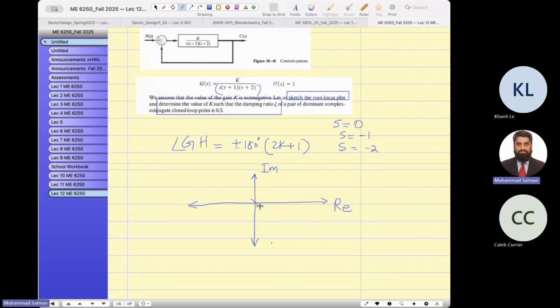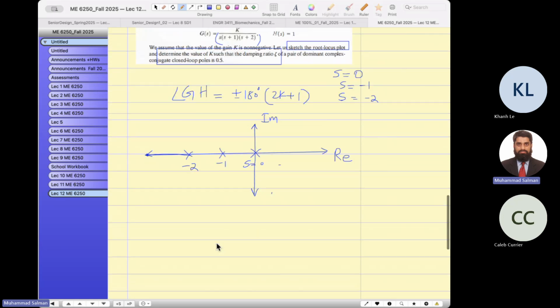So let's start marking s equals 0, s equals -1, and then keep moving forward. These are the locations of the three poles.